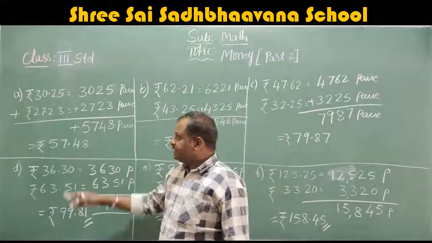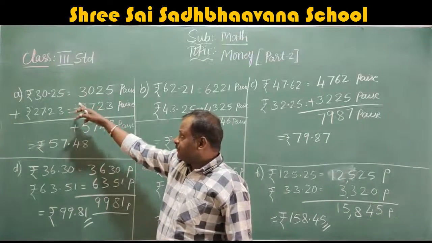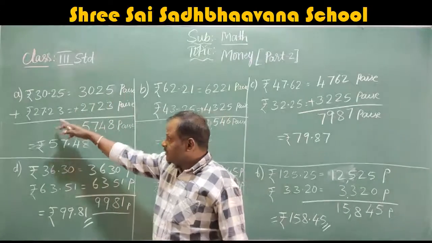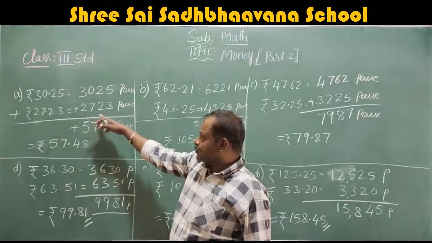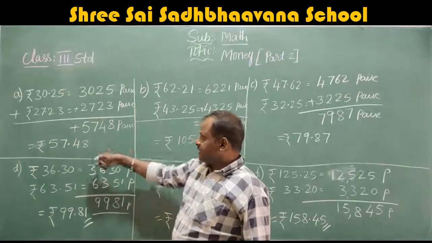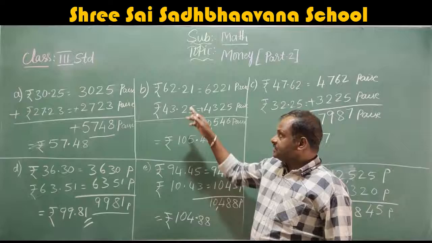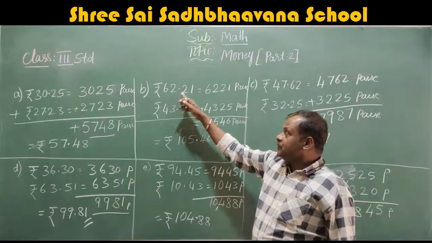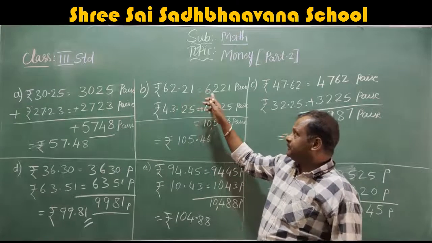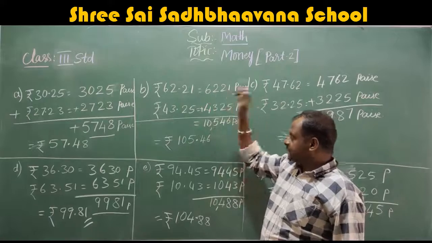Once again I will explain briefly. 30.25 can be written as 3,025. Rupees 27.23 can be written as 2,723. If you add, you will get 5,748. Next, 62.21 rupees can be written as 6,221 paise.